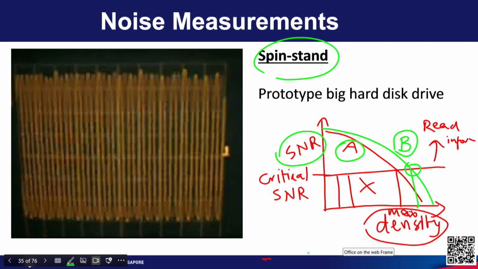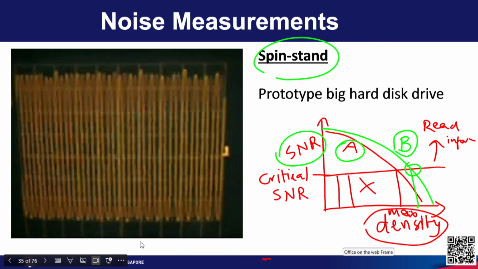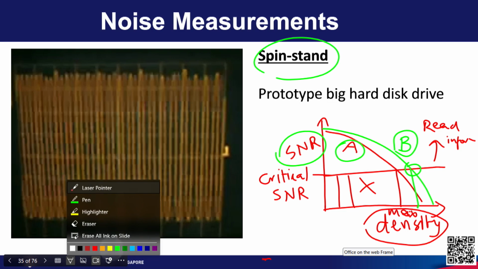Okay, so people do a lot of research to minimize the noise, increase the signal to noise ratio, and keep pushing this further and further. For example, maybe a few years ago, the disks were like this.